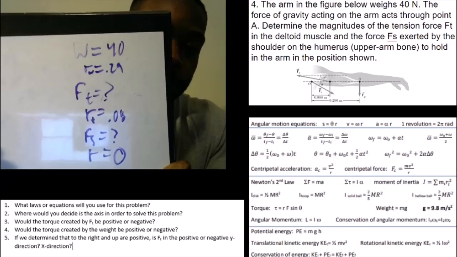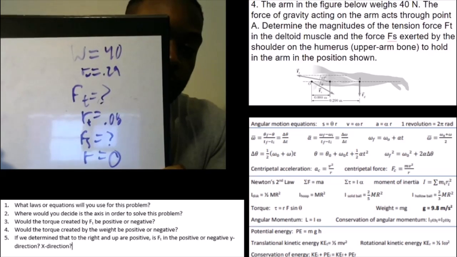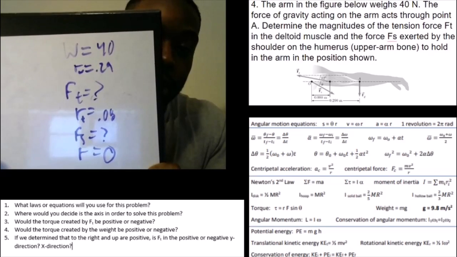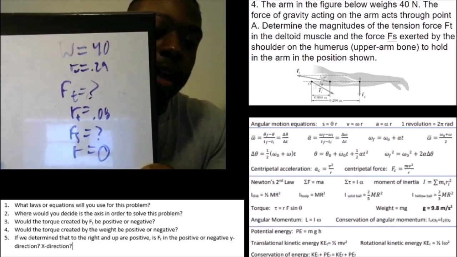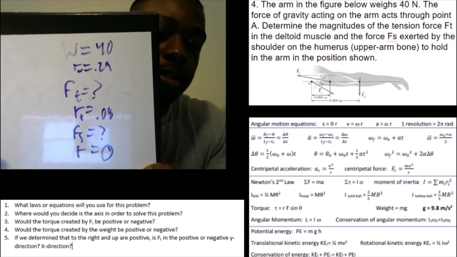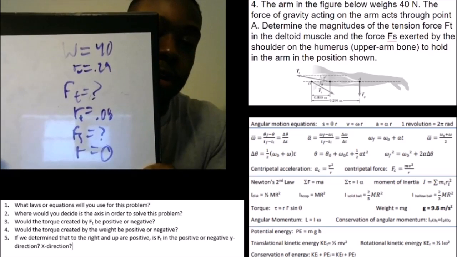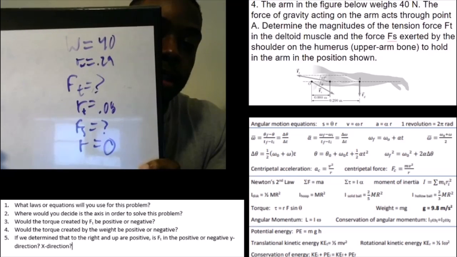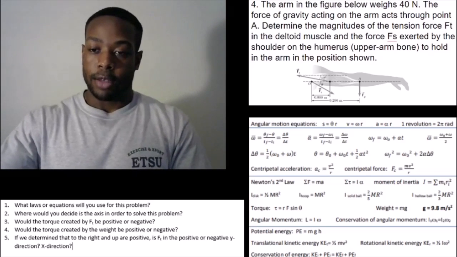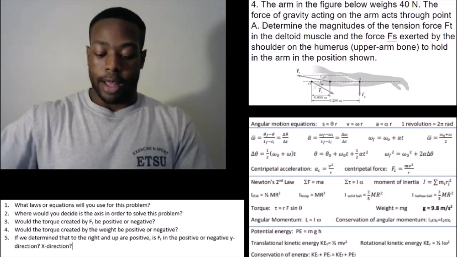Got the weight, which is 0.29 meters away from the 0.0. We're looking for force T, and we know that it is 0.08 meters away from 0.0, and we're looking for force S as well, and it's exactly on 0.0. So that's what we have. That's what we're looking for as well.